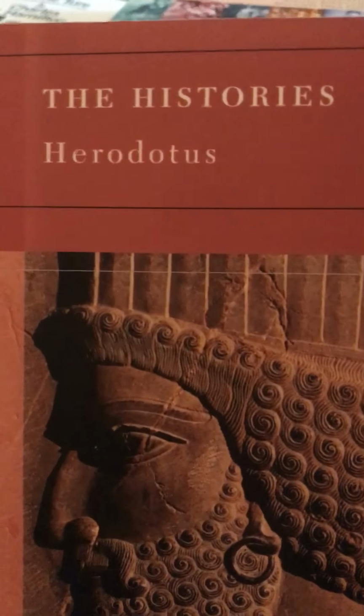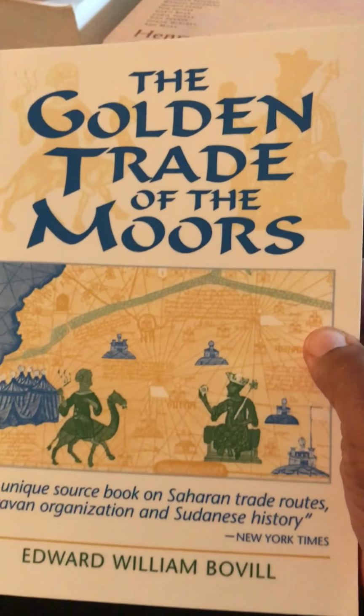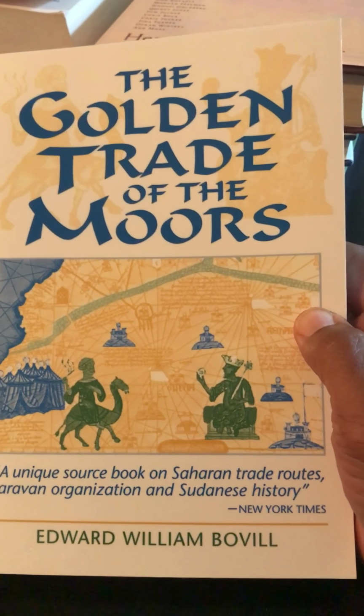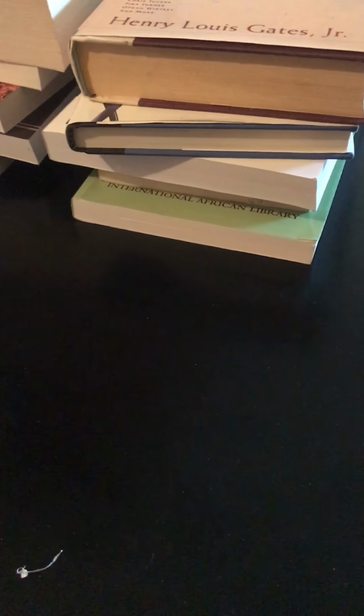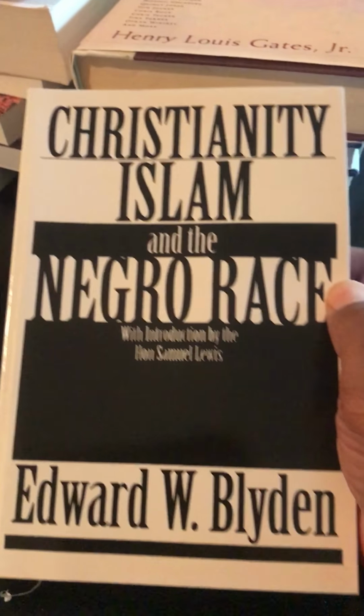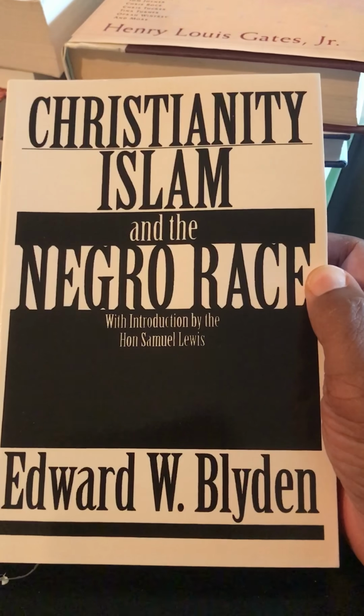Of course, The Histories by Herodotus. The Golden Trade of the Moors by Edward William Bovill. Blyden's Christianity, Islam, and the Negro Race.